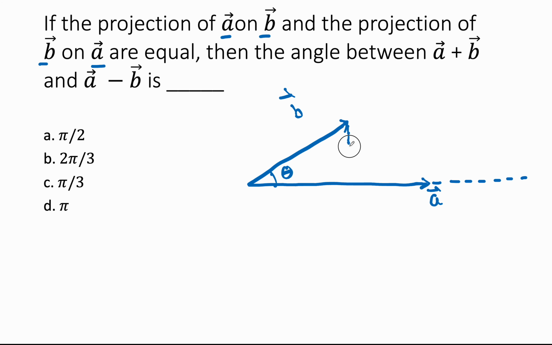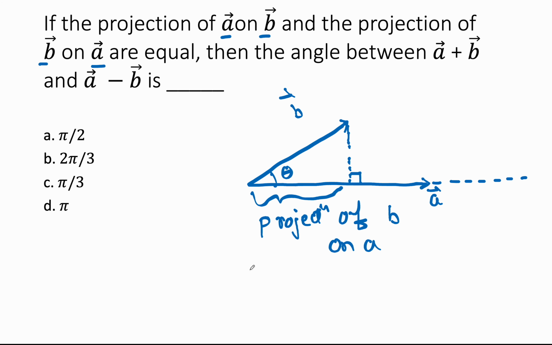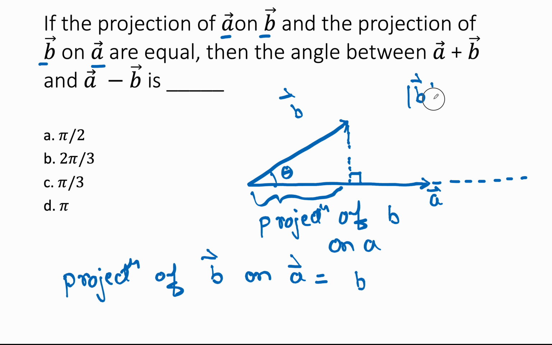The projection of B on A will be this length, and we can see that the projection of vector B on vector A is, say the magnitude of vector B is just B, it is B cos theta.